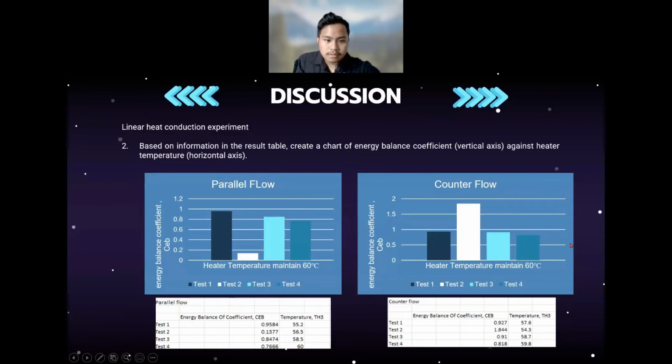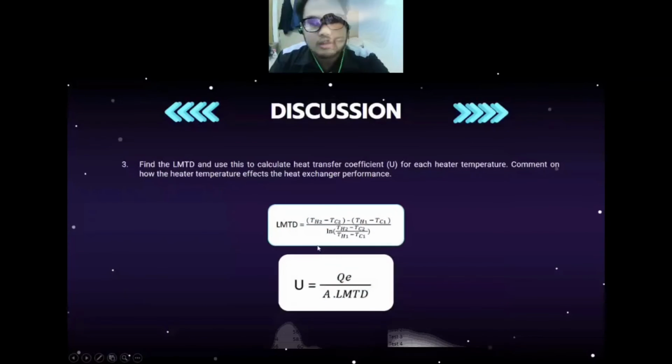So this is the chart. As you can see, this is the table. So we put in the data. After that, we make the chart for energy balance coefficient versus the temperature. That's all from me. Thank you.